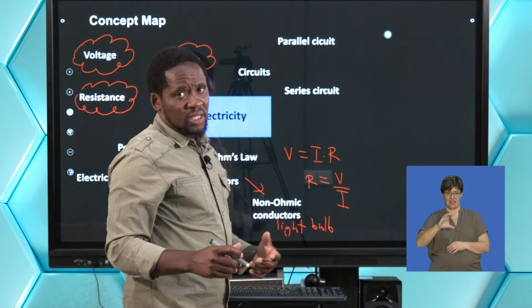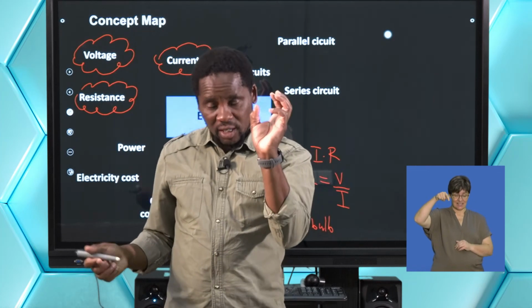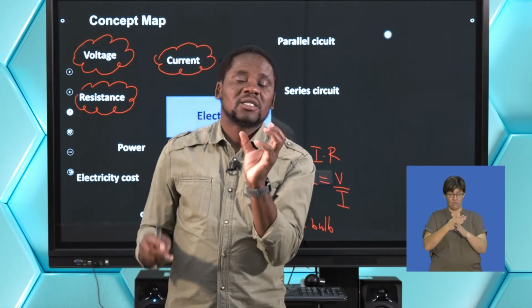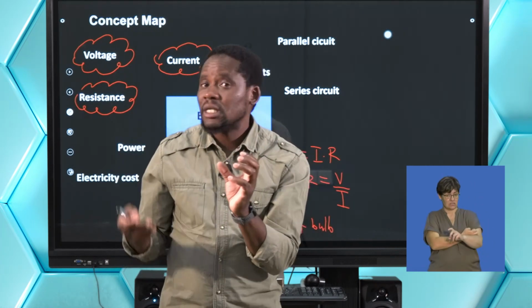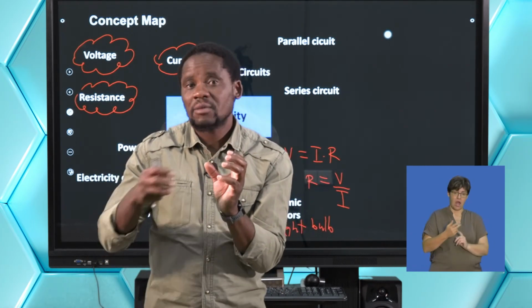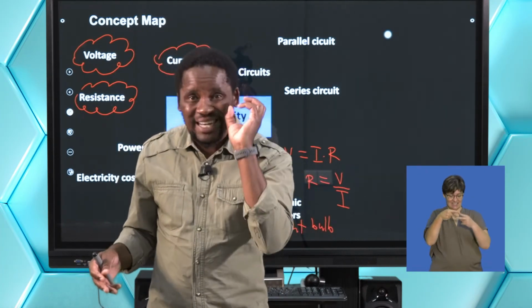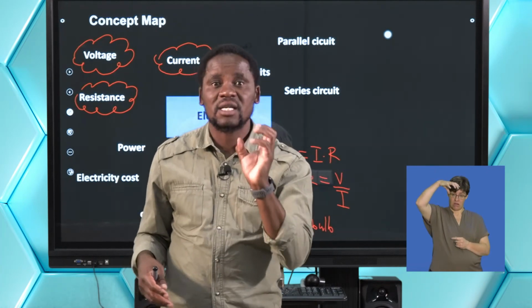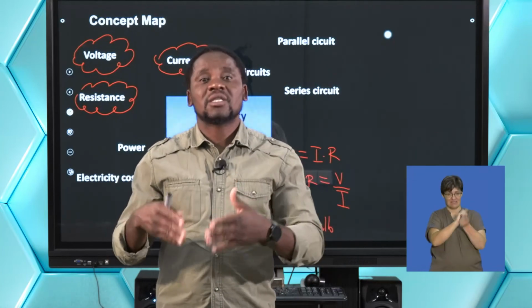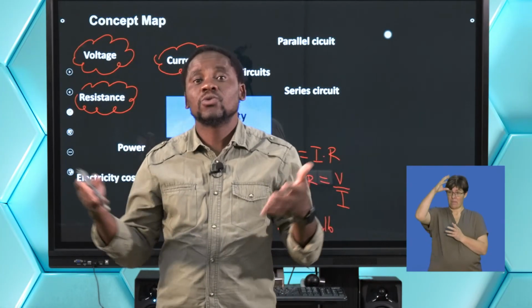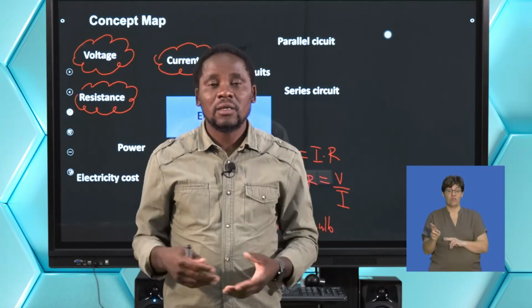But remember, with the light bulb, while it does work in terms of energy transformation, not all of the electrical energy is converted to light. Some of it becomes heat energy. As a result, the temperature does not remain constant. Hence, a light bulb is typically what we would refer to as a non-ohmic conductor.